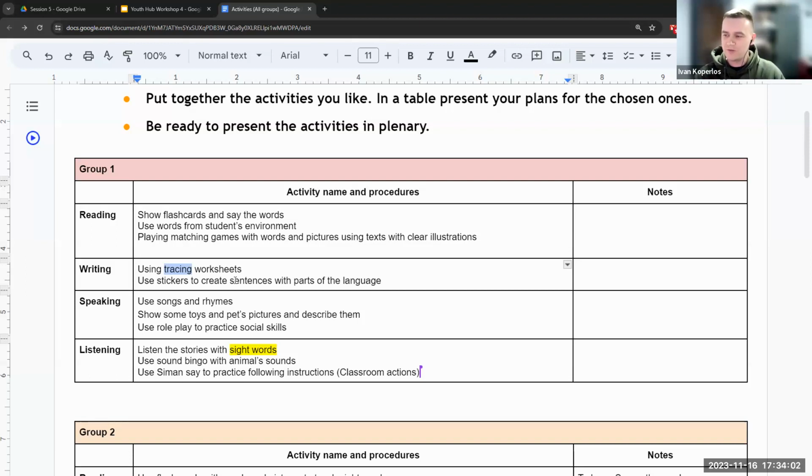Speaking about the story with sight words, it might be difficult to find such a story, and here the application of AI could be useful. You may just use ChatGPT or whatever language model, and you may ask, please make a short story that includes such sight words.